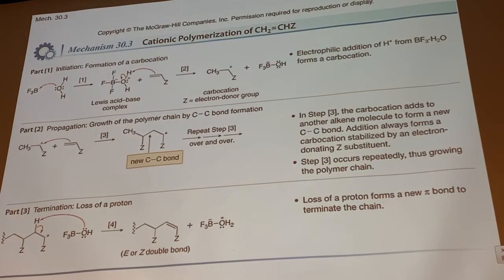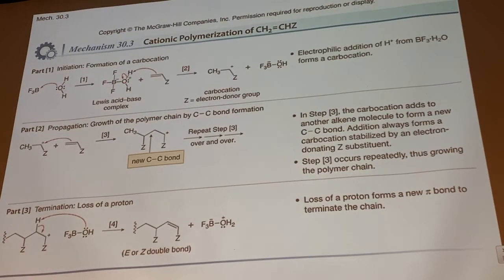So again, these chains, they'll vary in length, but we'll have so many of these propagations relative to the terminations that the bulk properties of these materials will be essentially identical. And another thing to mention is that like with the radical polymerization, where the regiochemistry was dictated by formation of the more stable radical, the regiochemistry of addition to our monomer is dictated by formation of the more stable carbocation.